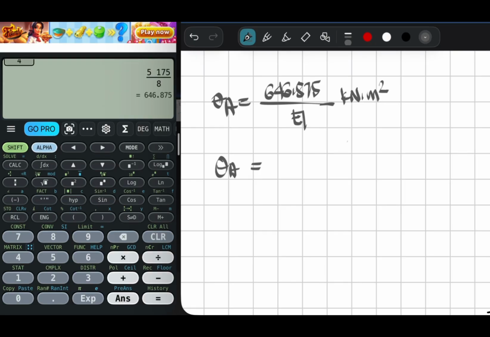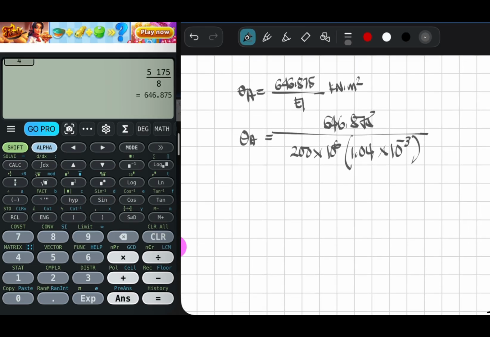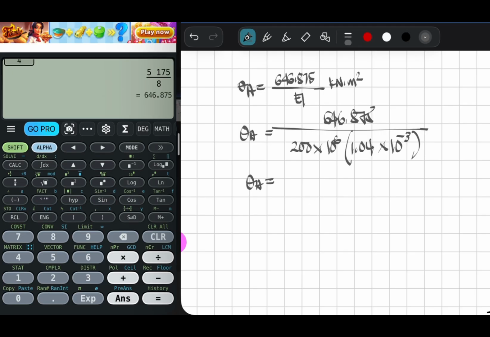Theta A is therefore equal to 646.875 over 200 times 10 to the 6 times 1.04 times 10 to the negative 3, or theta A is equal to 0.003 radians.